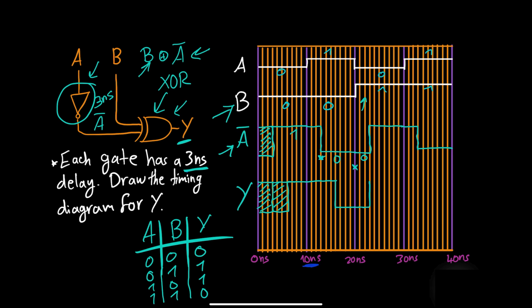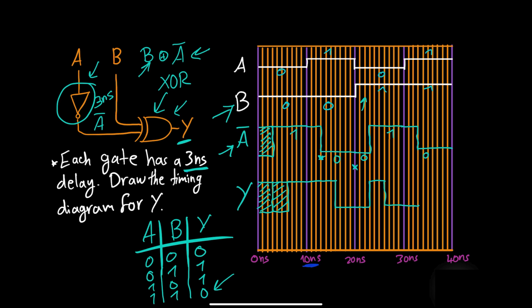Now instantly after it goes up, we have 1 XORed with 1 here, which is 0, as you can see in this truth table. However, it will need 3 nanoseconds to react. So right here it goes down and continues until this point right here. Now here we have 0 and 1 again.